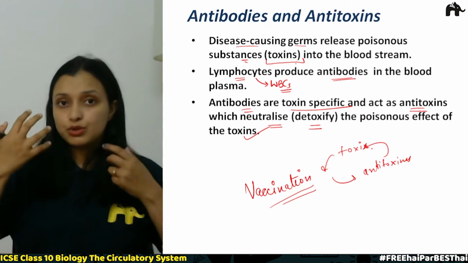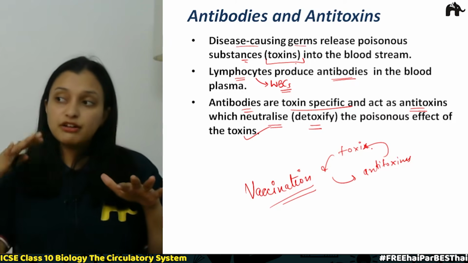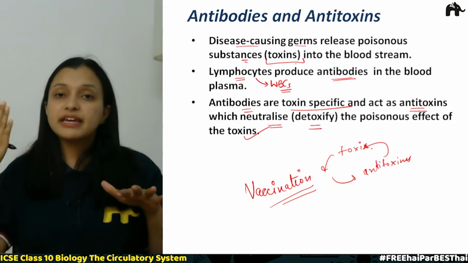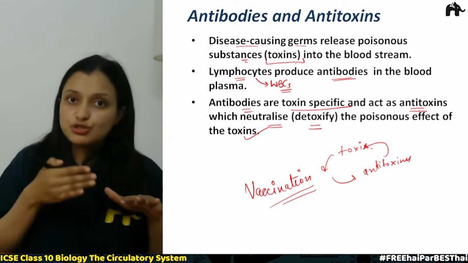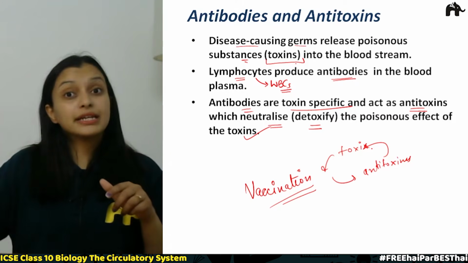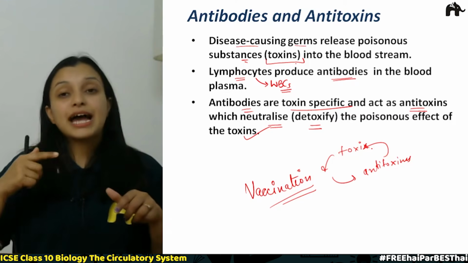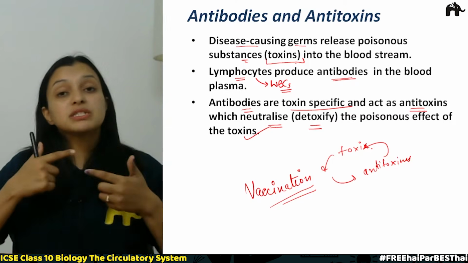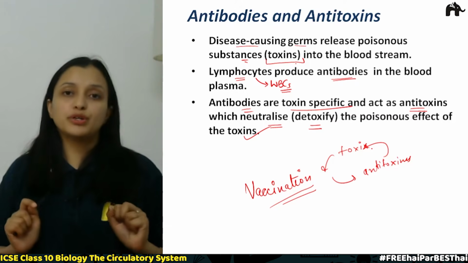In future, whenever there is a subsequent exposure to the same pathogen, our immune system already knows that the body has encountered it. This is all because of the memory of the immune system, right? And the immune system starts making those antibodies which will destroy that particular toxin.